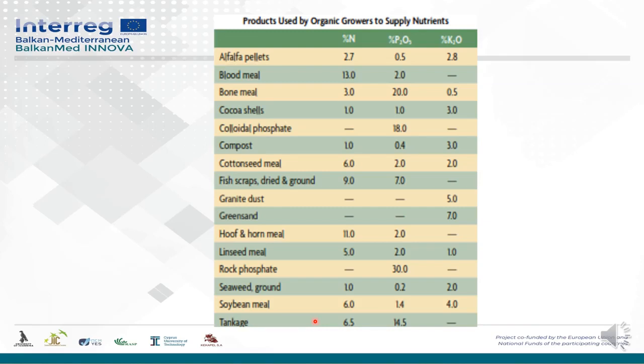For example, the richest one is blood meal, and then comes hoof and horn meal, seaweed ground, and then the other materials. Compost here is 10%, but from my experience, most compost has about 1.5 to 3 or maximum 5% of nitrogen.